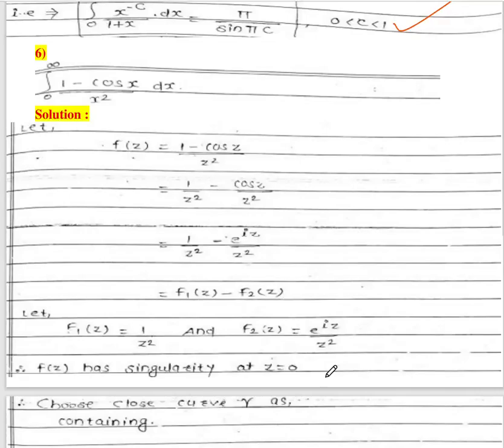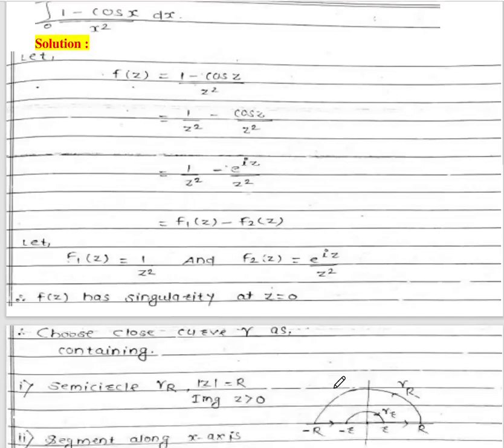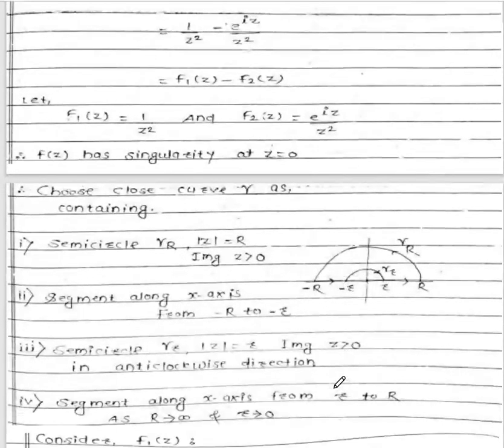So here we can say that f of z has a singularity at z equal to 0. Now we will choose the curve gamma as follows. This is the semicircle, the outer circle, and this is the inner circle. This is minus R to plus R, this is minus r to small r.